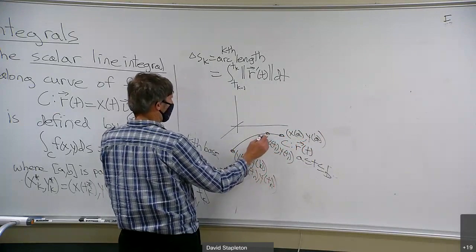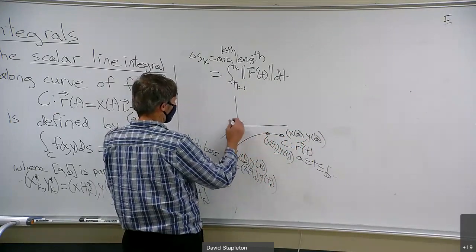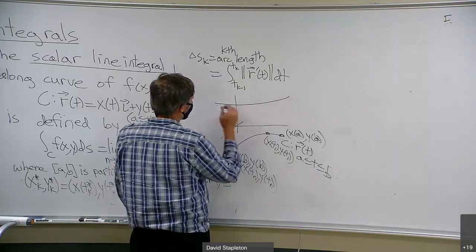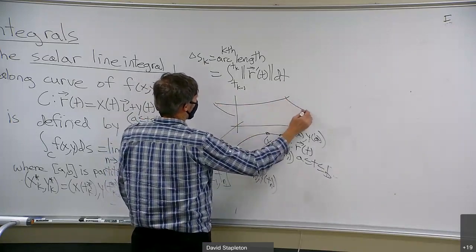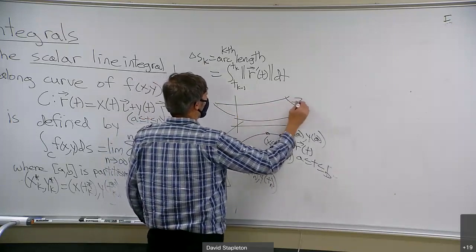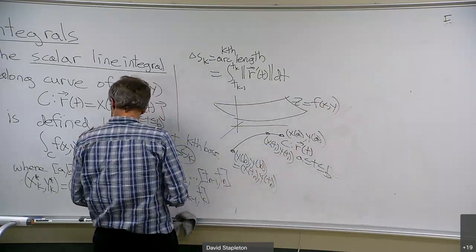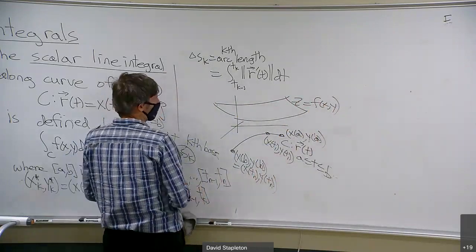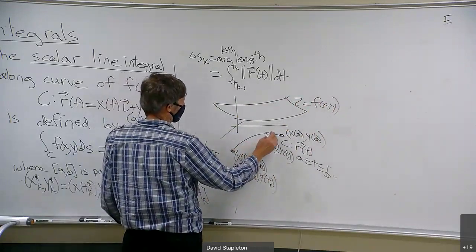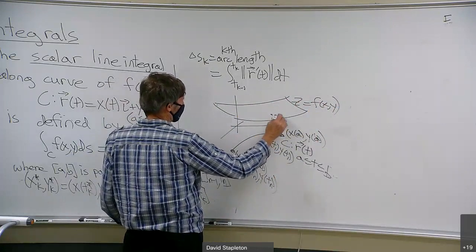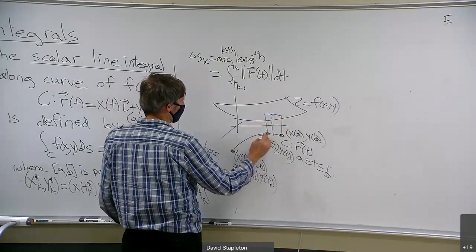Partition, and there's a surface over the top, z equals f of x, y. And you're taking on each interval some intermediate point, the height up to the surface, and then taking a curved rectangle like that, taking its area.